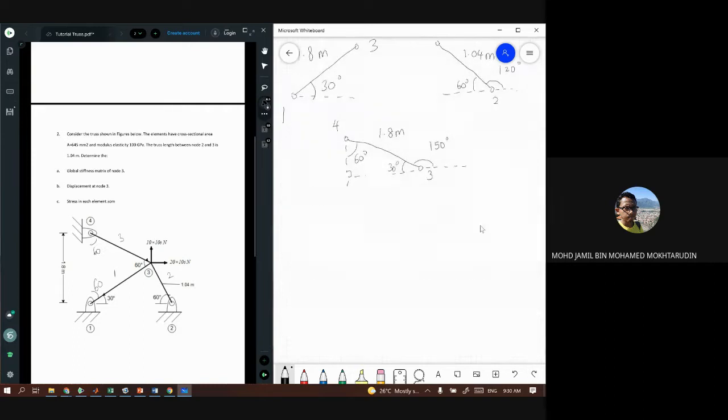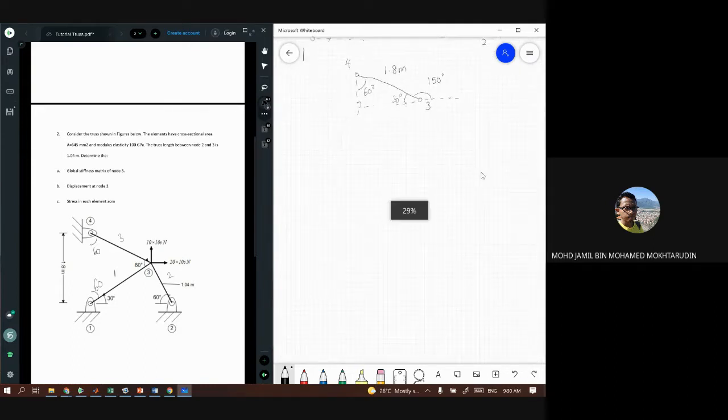Then we can create the table of cosine and sine. So element number 1, the length, theta, cosine, sine, cosine square, sine square, and cosine times sine.